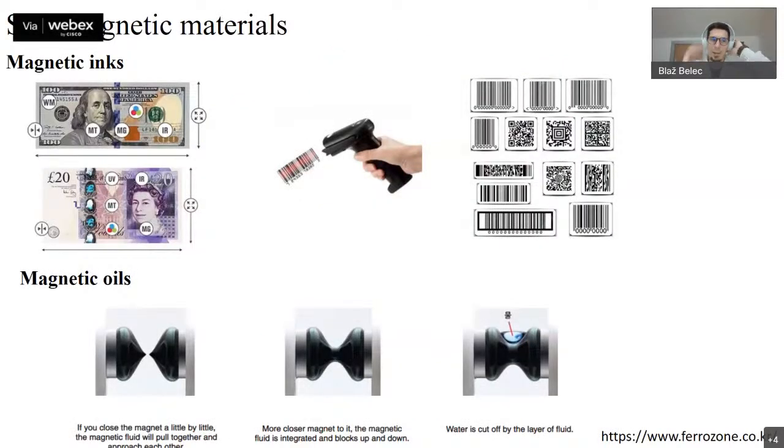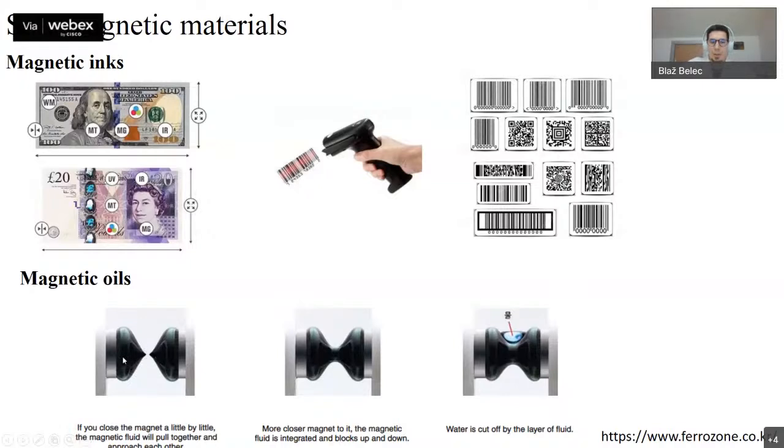So in everyday life, we know it. We come across soft magnetic materials in QR codes and barcodes. Even for safety reasons, they are in our cash. Very interesting, for instance, in fishing rods, we have those magnetic fluids.